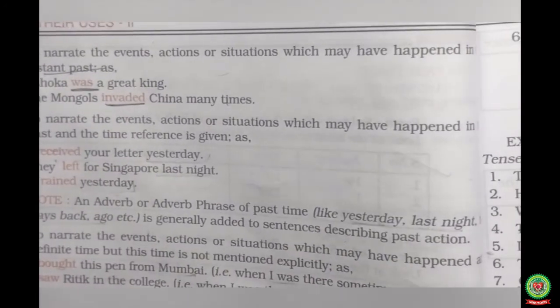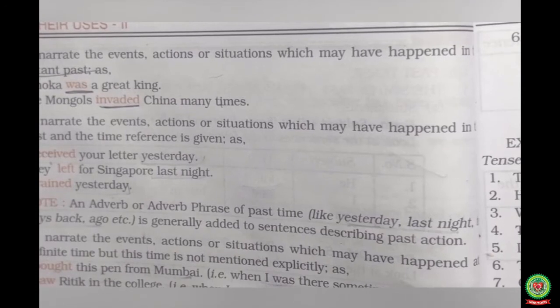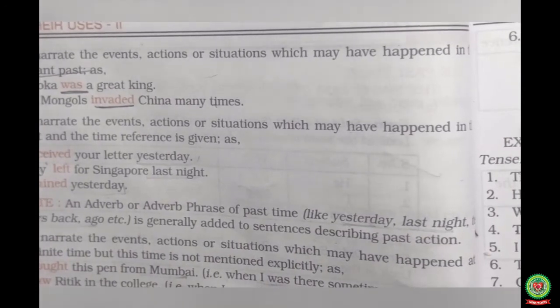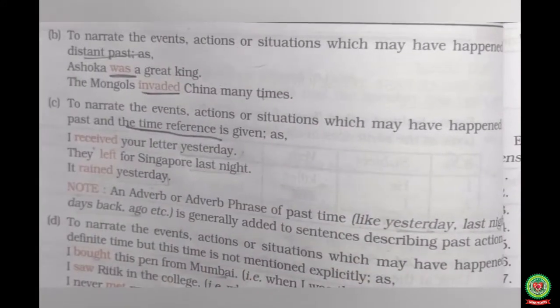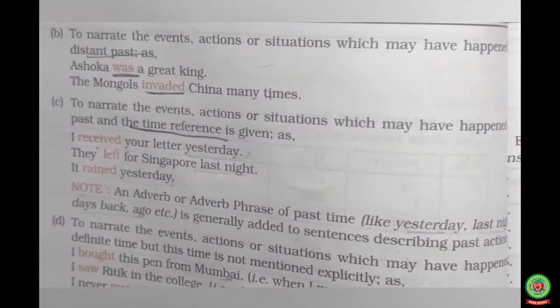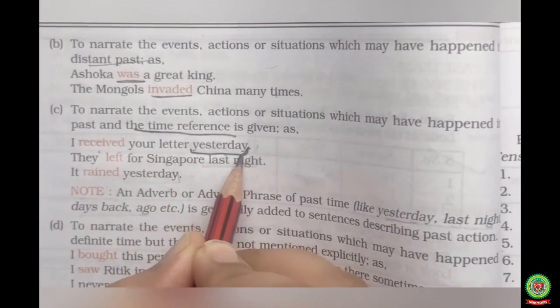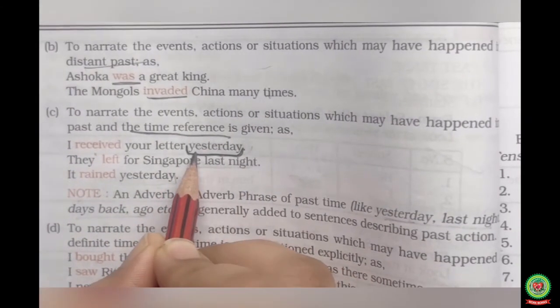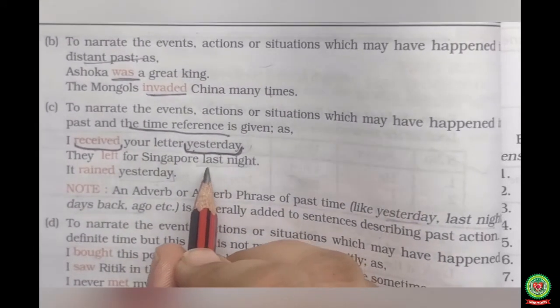Next point is to narrate events, actions or situations which may have happened in the past and the time reference is given. Means you are given some hints in the sentence. For example, I received your letter yesterday. This is the hint. You come to know from yesterday that this has to be simple past tense. They left for Singapore last night.